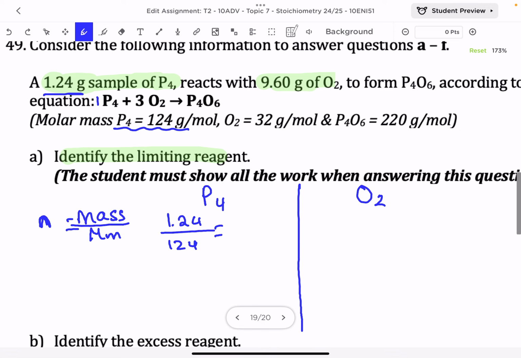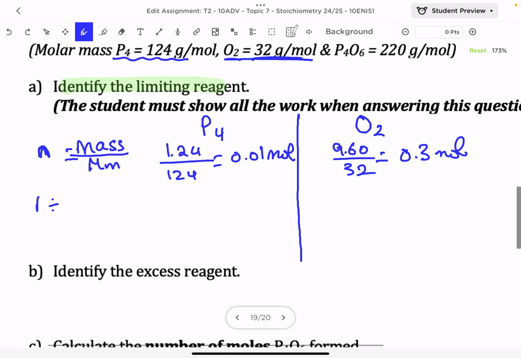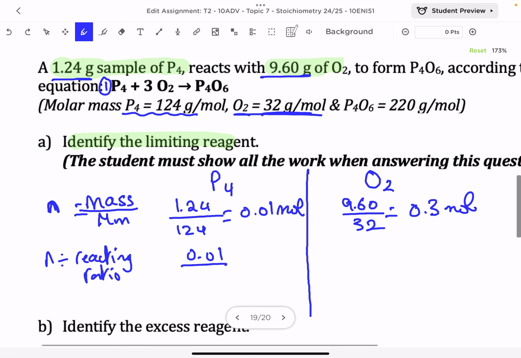So 0.01 mole. And for the oxygen, I take this 9.60 divided by the molar mass of O2. That is 9.6 over 32, 0.3 mole. Now, I divide the mole by the reacting ratio. So 0.01 over 1, which is 0.01.